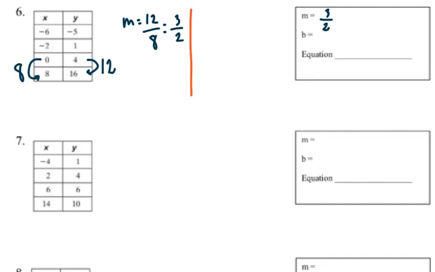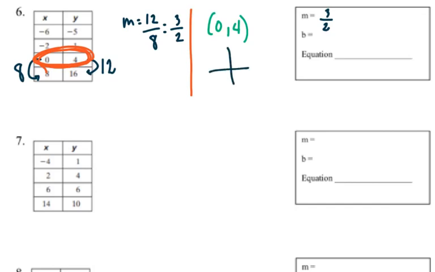Well, would you look at this? In this table, this is really good to know. What we need to know is that this point right here is extremely important. I have the point (0, 4). (0, 4) has a number in the y spot with a 0 in the x spot.